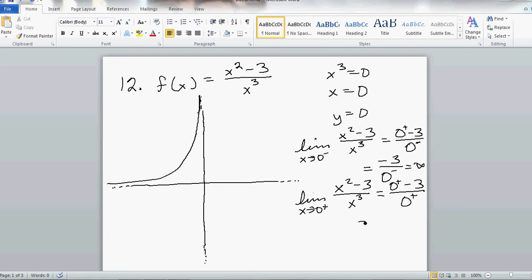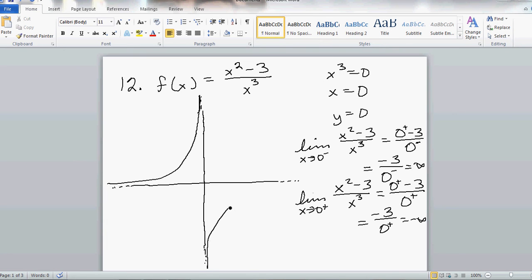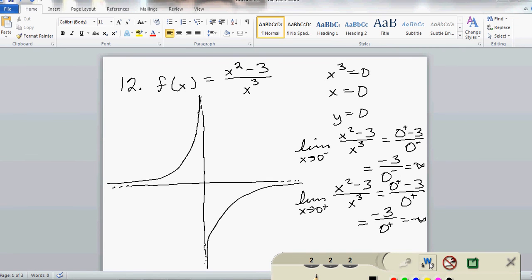And so we get negative 3 over a very small positive number, which will equal negative infinity. And so we know it comes down here to negative infinity, and it's going to curve around like that. And so this is a graph, more or less, of what we need for this particular problem.